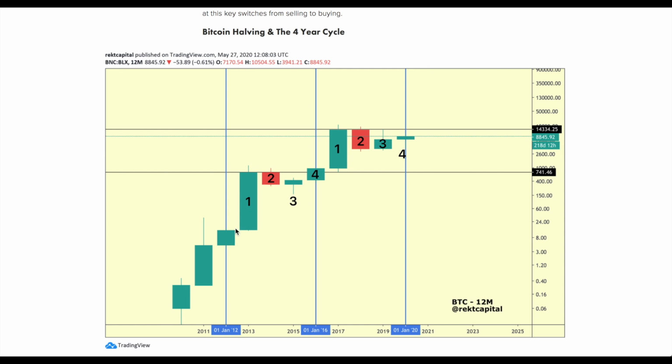So in the case of halving number 1, this candle preceded an exponential rally towards new all-time highs. Bitcoin halving number 2 was where we saw that continuation in candle 4, which preceded an exponential rally towards the upside to new all-time highs.